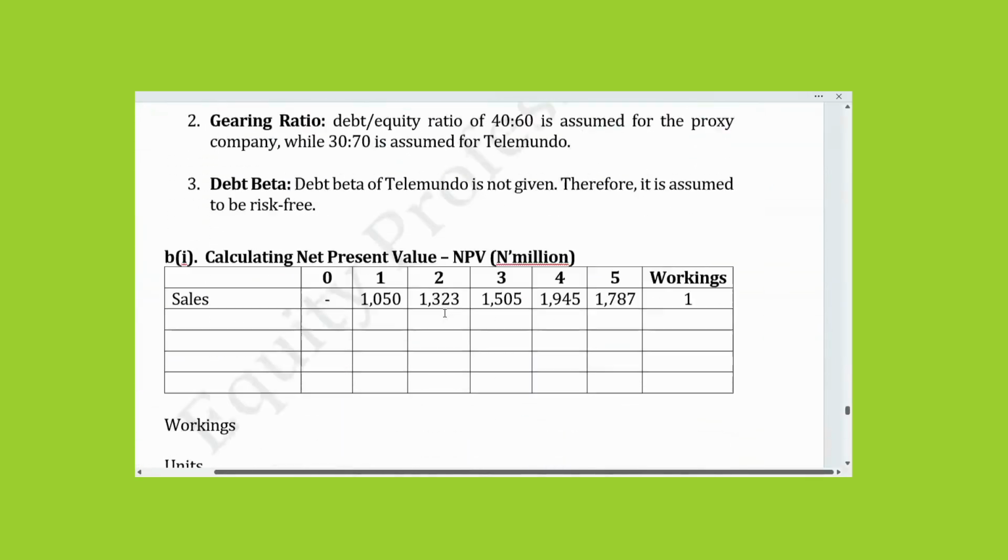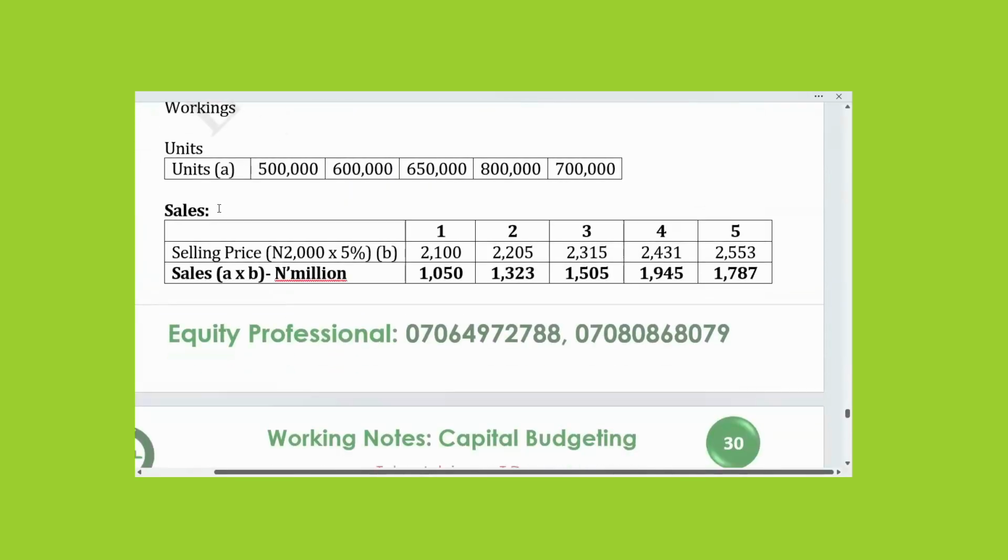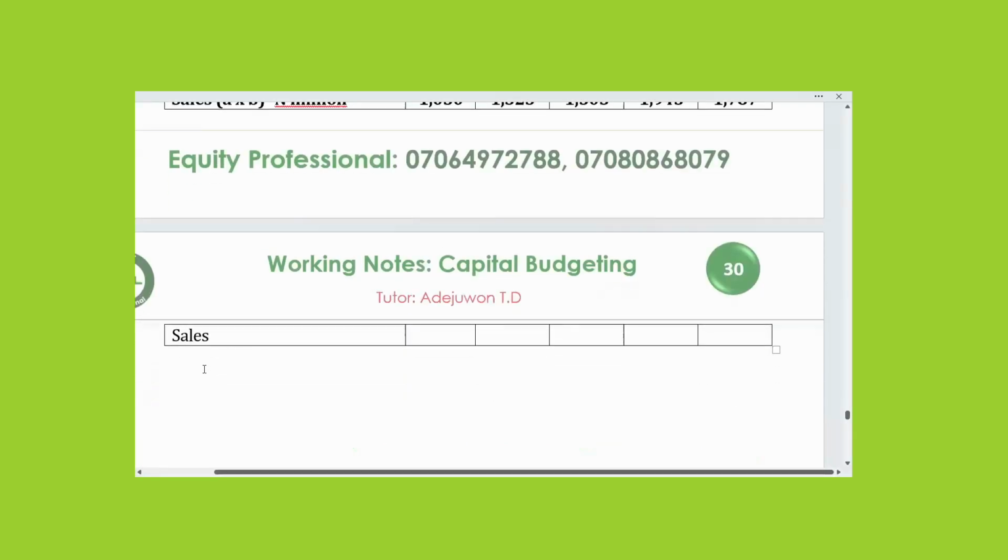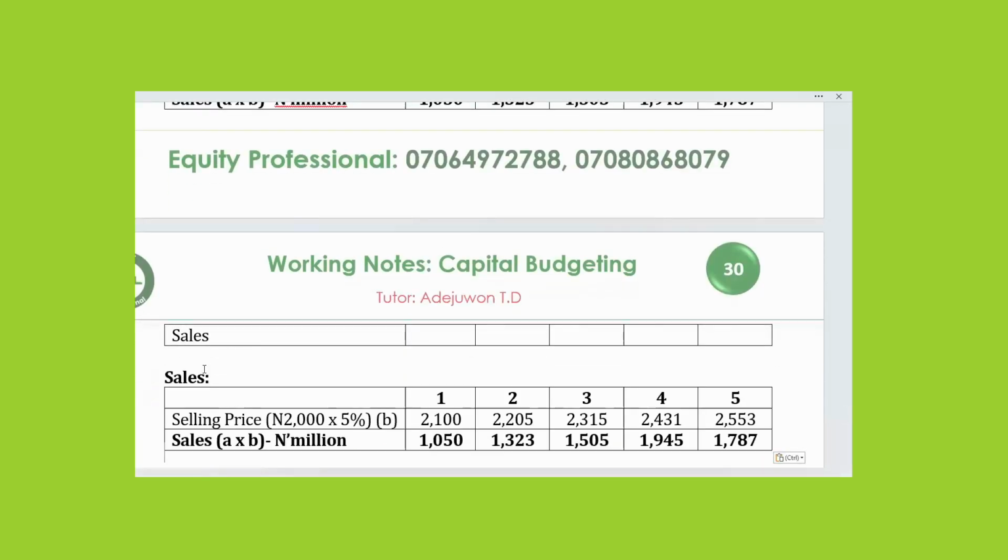So I will do the same thing I did for sales. Let me copy this. This is working number 1. Then working number 2, variable cost. All right.